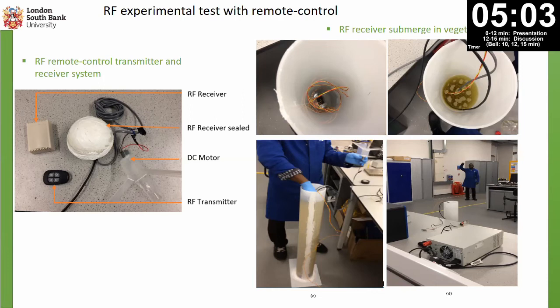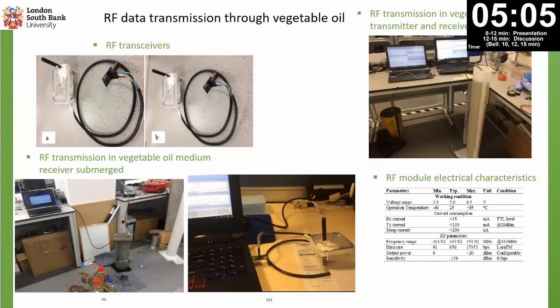successfully. We also looked at data transmission through vegetable oil. We have two antennas, a transmitter and a receiver connected to a laptop. The receiver was submerged in a small pipe here, which is a steel plate pipe.